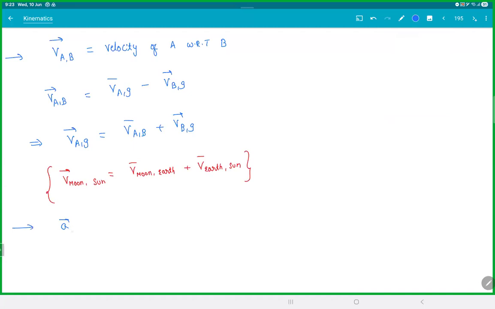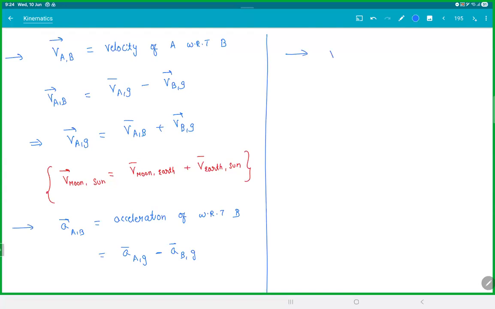Similarly, if you write acceleration a comma b, this is the acceleration of a with respect to b. This is the notation. Same story: acceleration of a with respect to ground minus acceleration of b with respect to ground. Once you get this v relative and everything, v relative will be d r relative by dt.